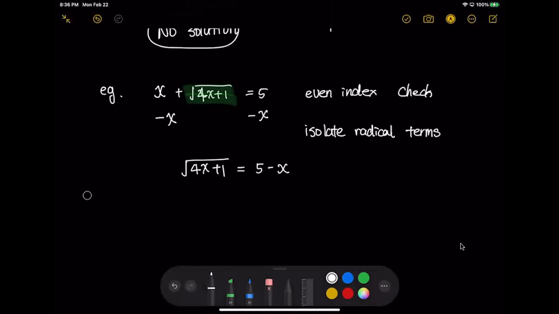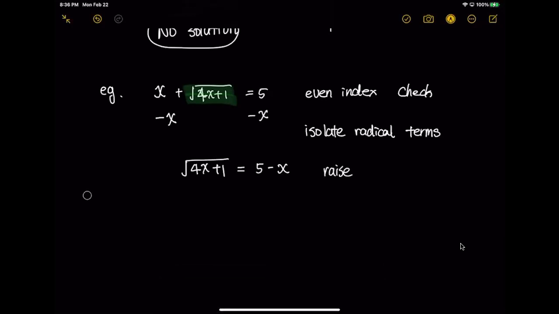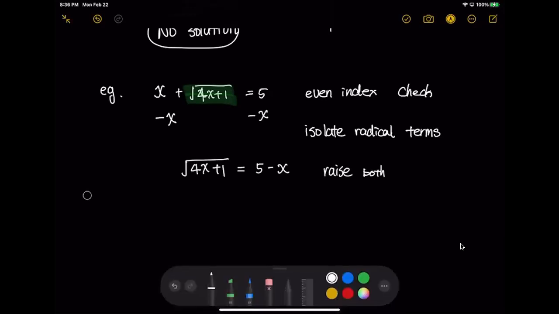Now you know what to do, right? You just need to square both sides. So I have 4x plus 1 equals (5 minus x) squared.